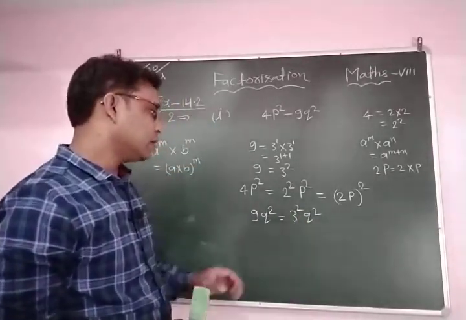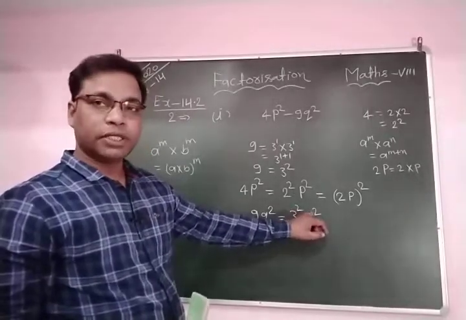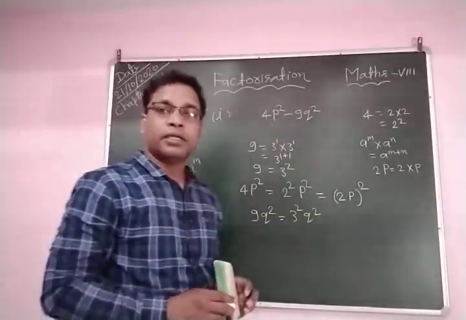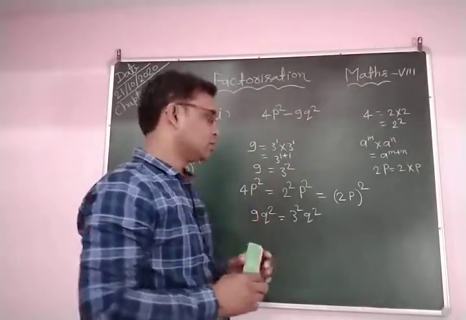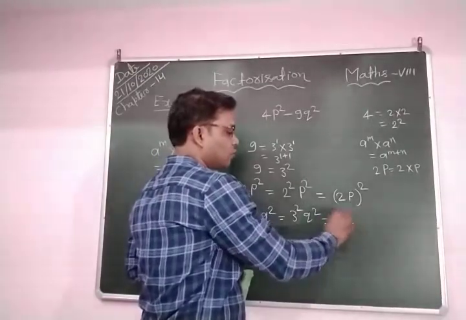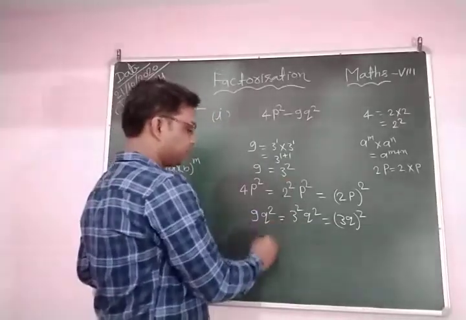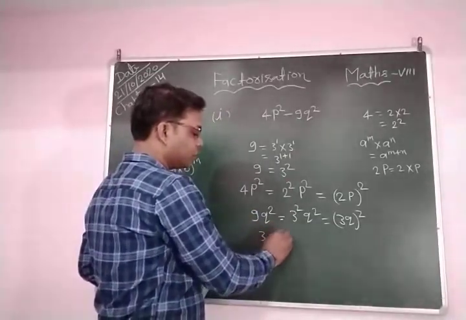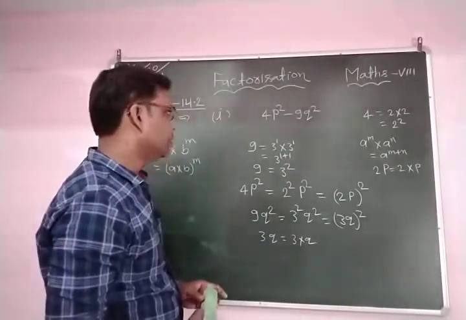Now here you can see the bases are different but the powers are the same. Then we multiply the product of the bases and write the same power. So it becomes 3q whole power 2. Okay, 3q means 3 into q.